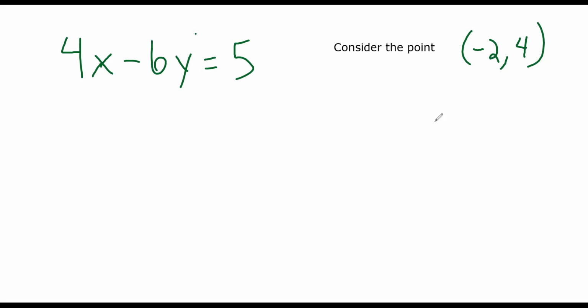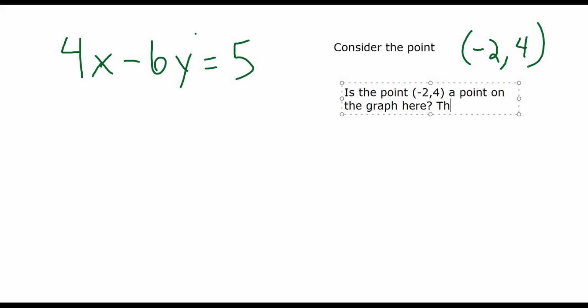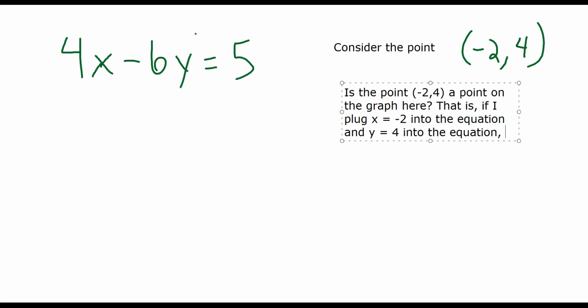Is the point -2, 4 a point on the graph here? That is, if I plug x equals -2 into the equation and y equals 4 into the equation, does it create a true statement? That's what it means to be a point on the graph of an equation. It just means that when you substitute those specific values in for your variables, you create a true statement out of the equation.